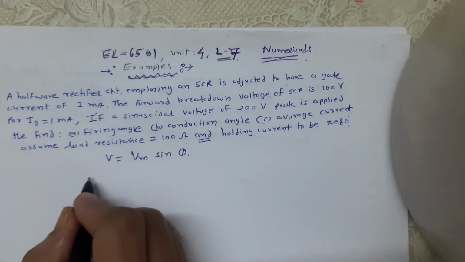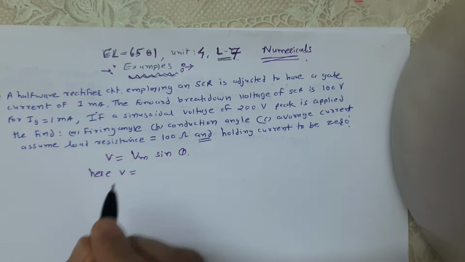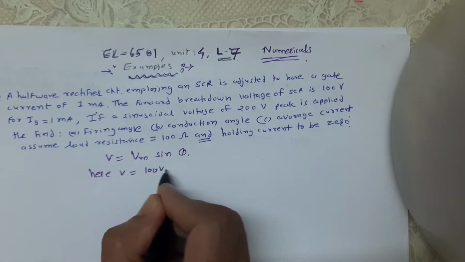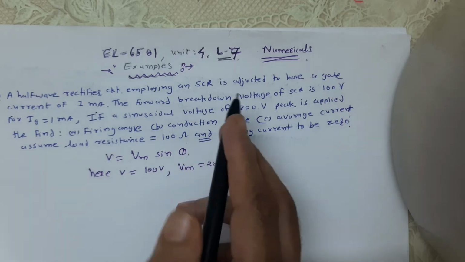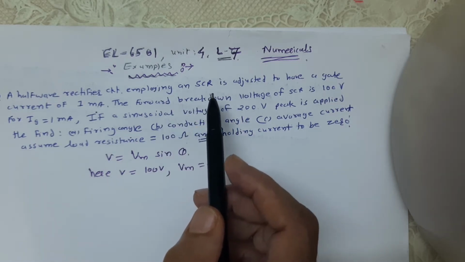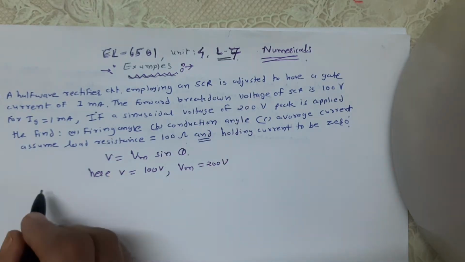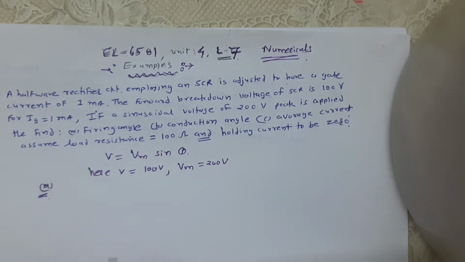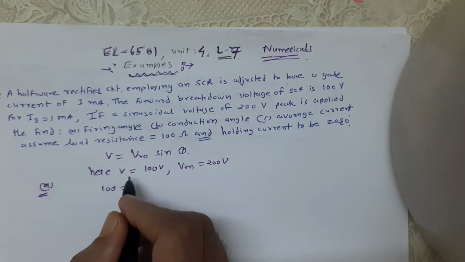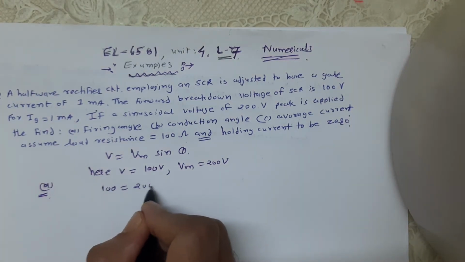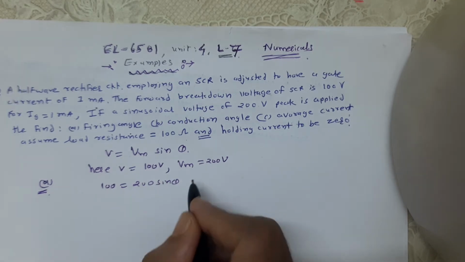So V here is equal to 100 volt, Vm is equal to 200 volt as given here. Therefore, we first find out the firing angle. So V is equal to Vm sin theta, 100 is equal to 200 sin theta.